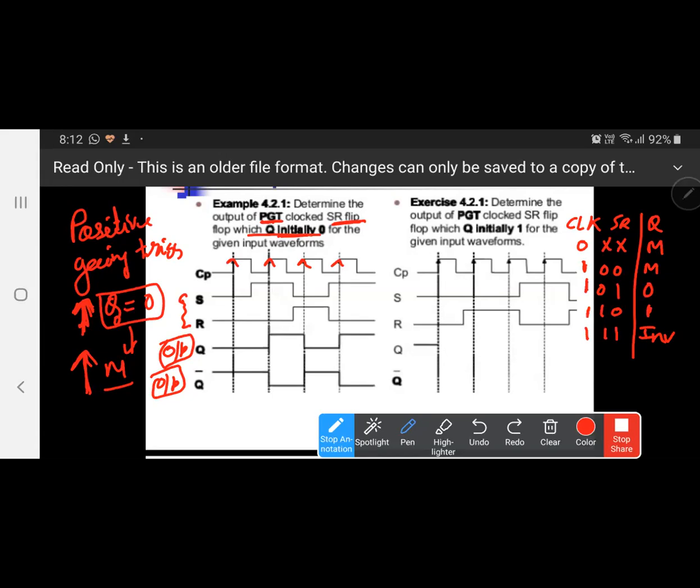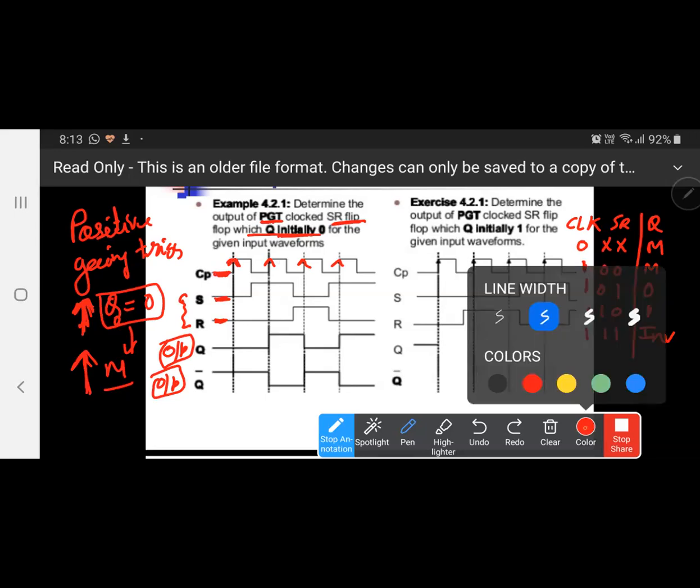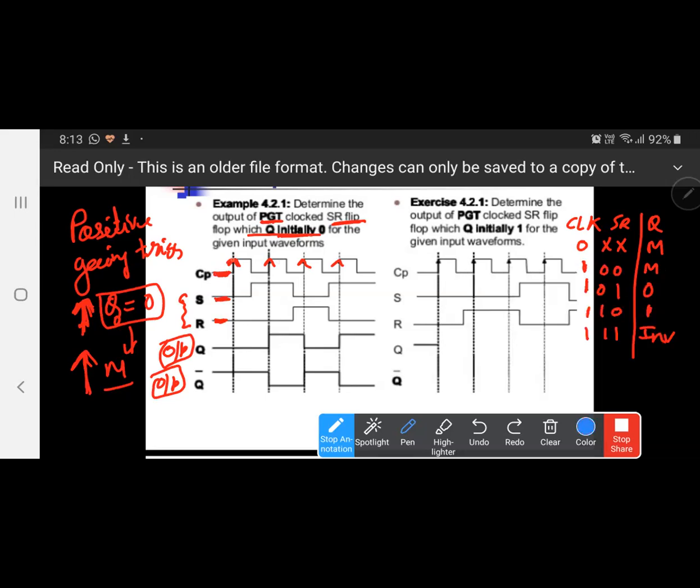Okay, so let's start here. Look, the clock will start from this point. But before this point, we need to find the result. What is the value of S and R here? 00. And the clock is starting from this blue point. So before that means no clock.